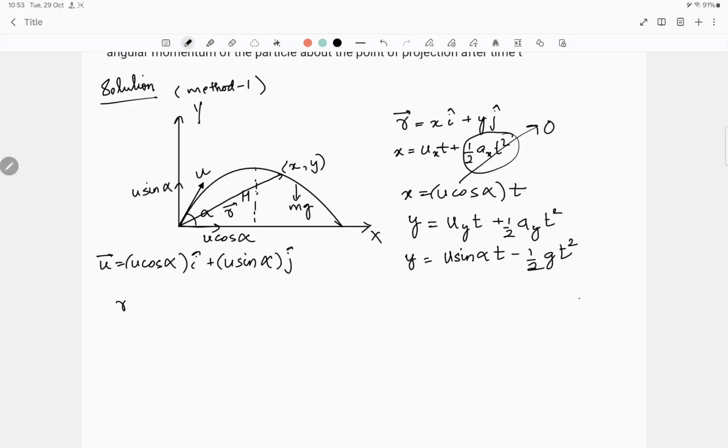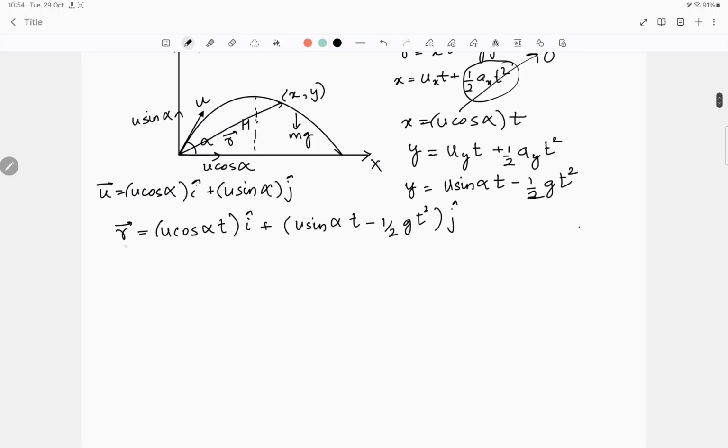Now r is equal to x, meaning u cos alpha t i cap, plus u sin alpha t minus half g t square j cap. Remember, sin alpha is one term and t is multiplied with it.